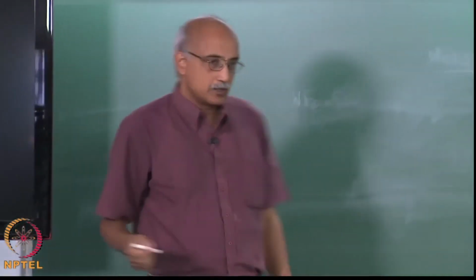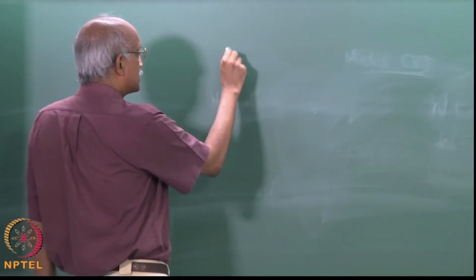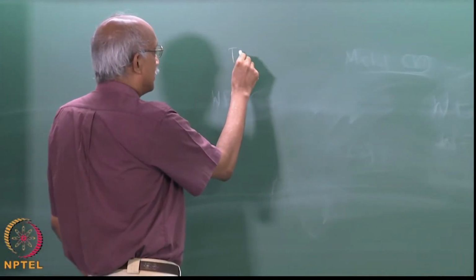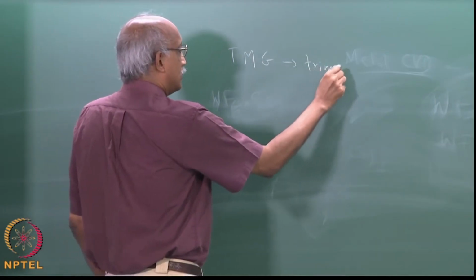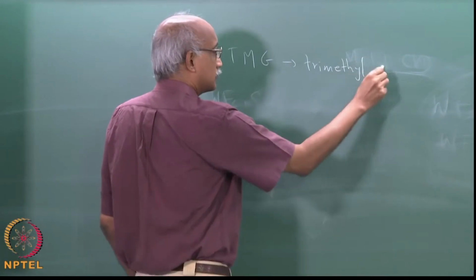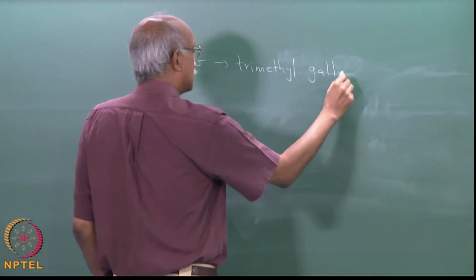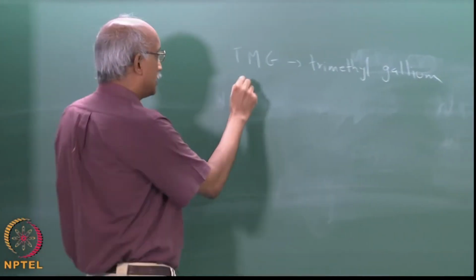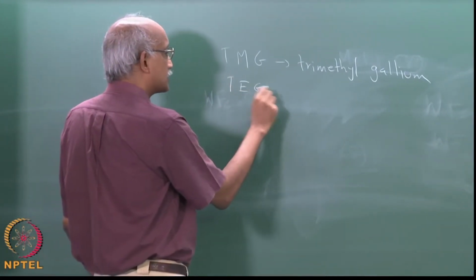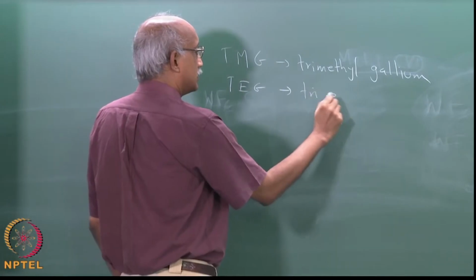So, similarly, other popular precursors in MOCVD are TMG, which is trimethyl gallium, which is obviously used to make gallium films. TEG stands for triethyl gallium.